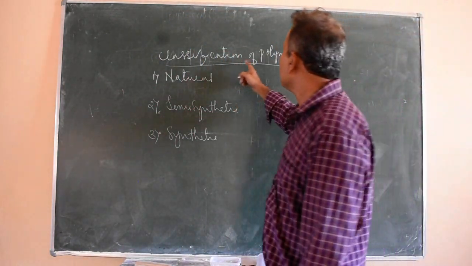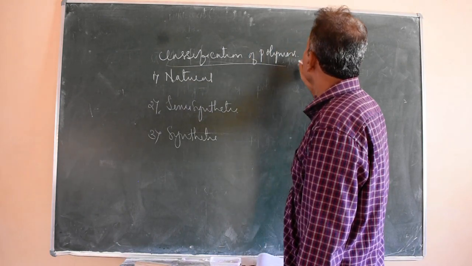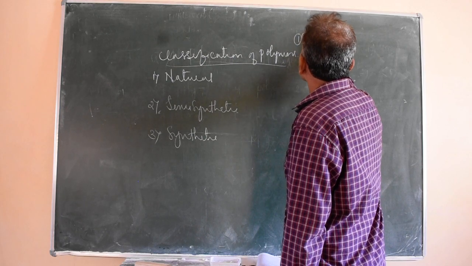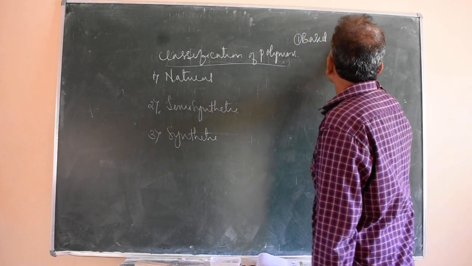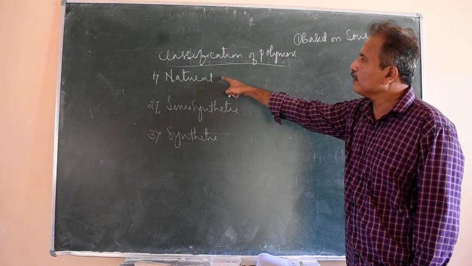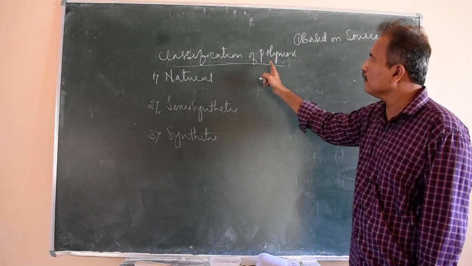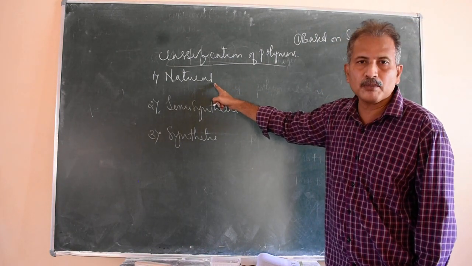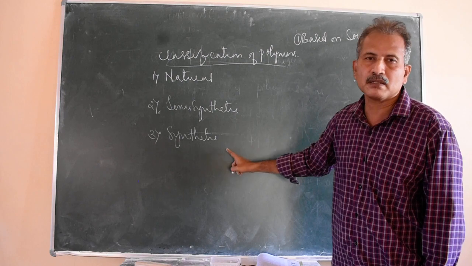So classification of polymers, let us write, based on source. You can classify them based on source as natural polymers, semi-synthetic, synthetic.